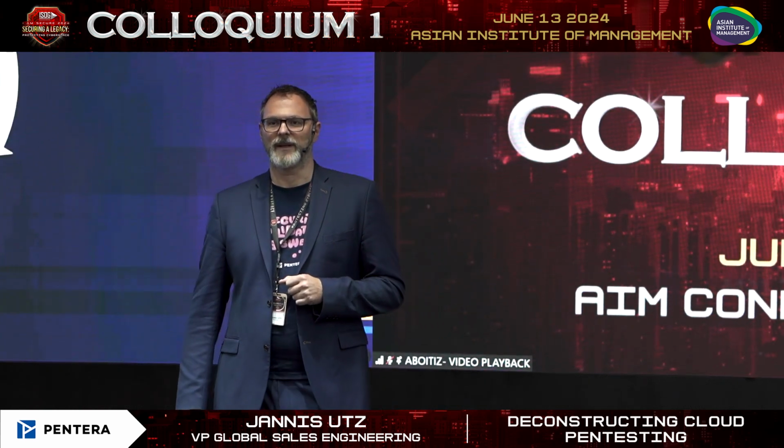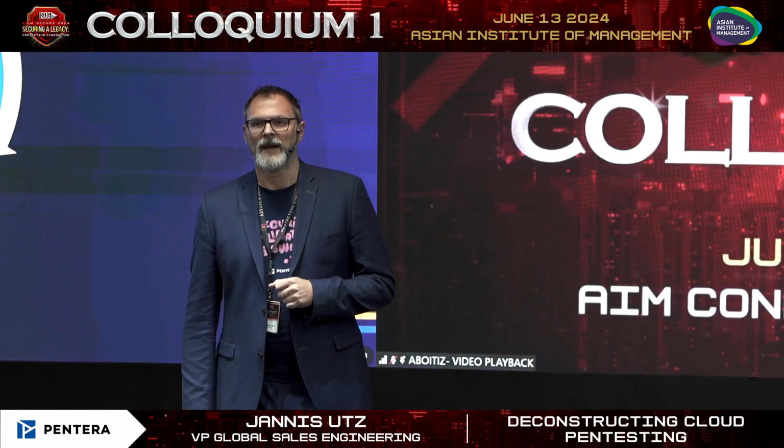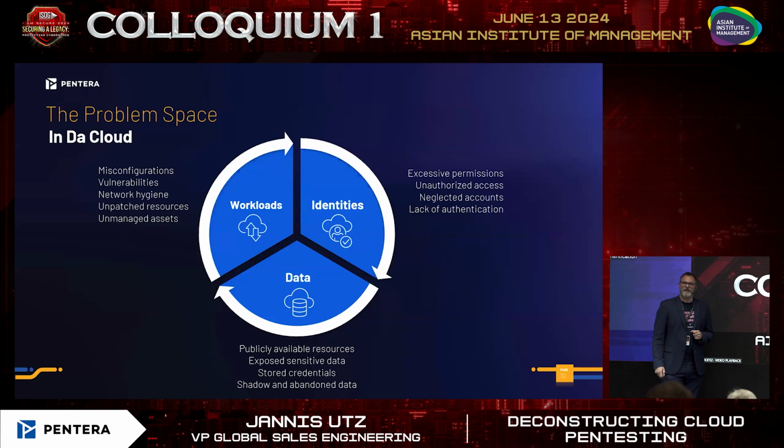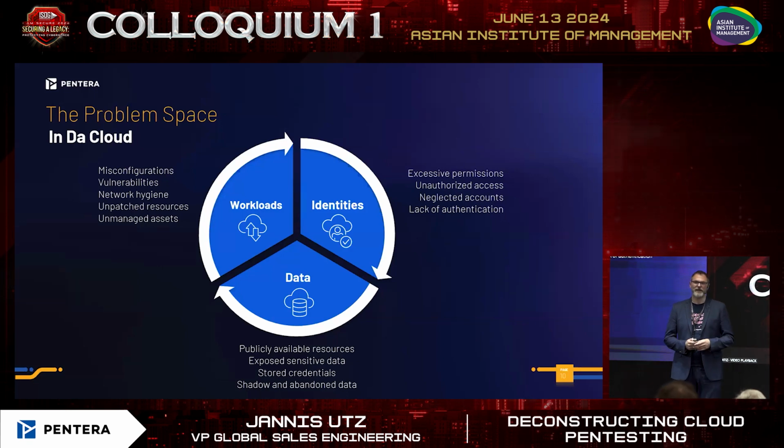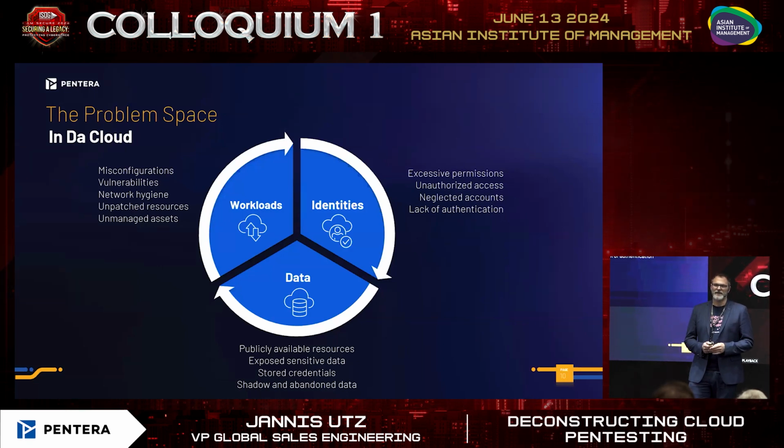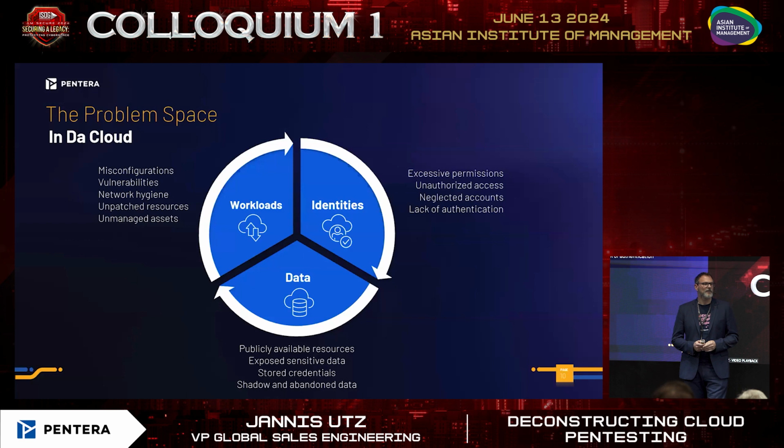And lack of authentication altogether. That would be really weird, but of course that does happen. When we look at the data, publicly available resources, exposed sensitive data, stored credentials. That's an interesting case. We're going to take a second look on one of the coming slides. Shadow and abandoned data as well, right?